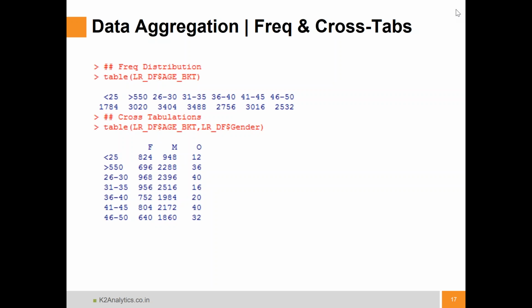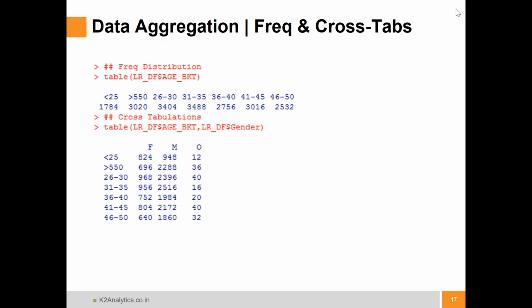And cross tabulations are not just done for categorical variables, they are also done for continuous variables. Only thing is the continuous variables are first slabbed. The continuous variables are first bucketed.